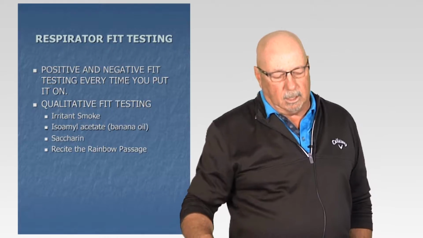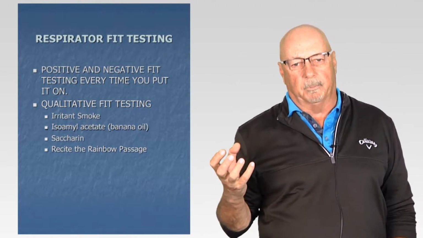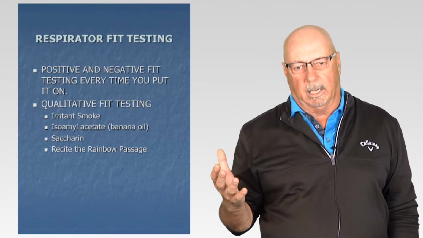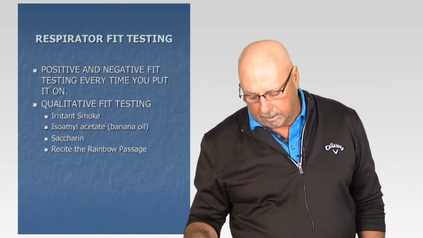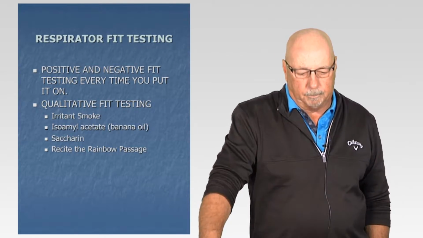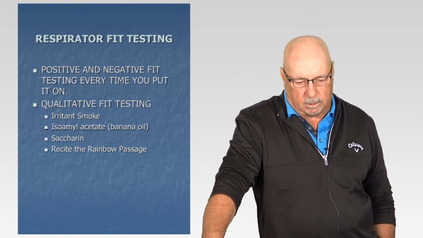And then we have another one that's referred to as the saccharin test, and basically we spray an aerosol of a saccharin sweetener into the air, and if they can detect the sweetness, that is an indicator that there's a leak.